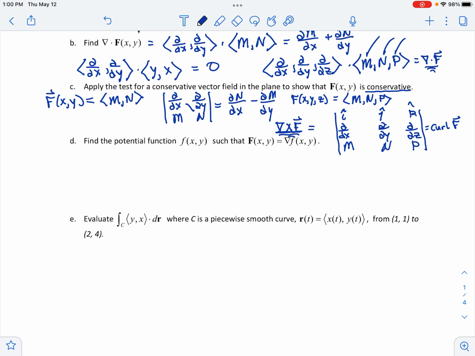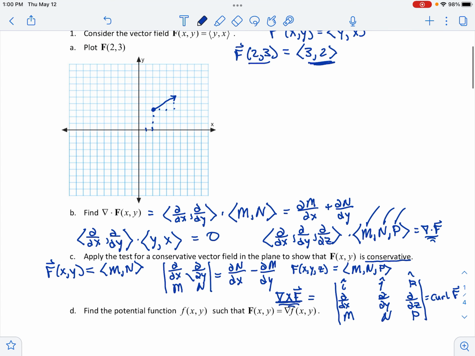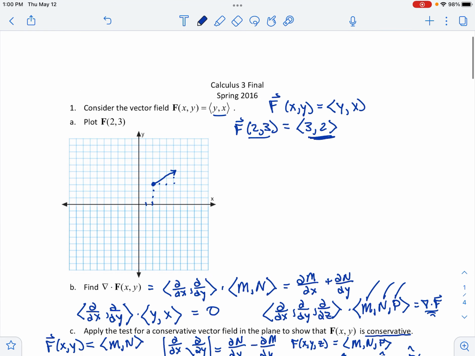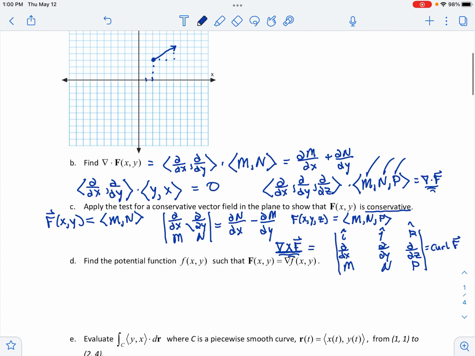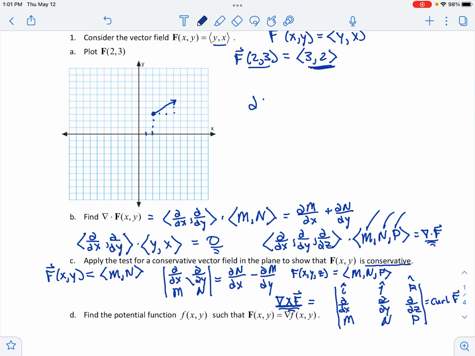Now we want to find the potential function of f of xy. Now, we have decided that this vector field up here is conservative. We did that because this equals 0. In other words, this is true. The partial of n with respect to y is equal to the partial of m with respect to x.